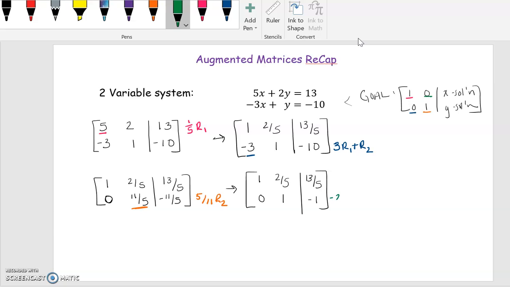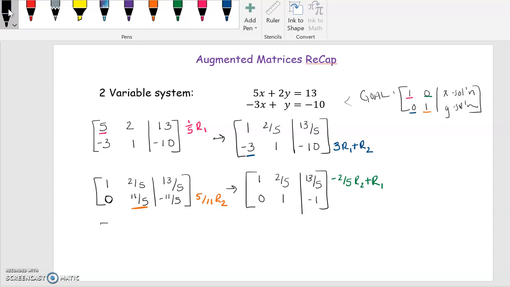Right, so I'm going to multiply the bottom row by -2/5. And I'm going to add that to row 1. So notice I'm writing what I'm doing in the same horizontal row as what is going to be manipulated.